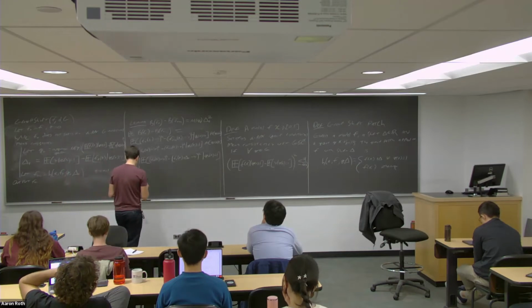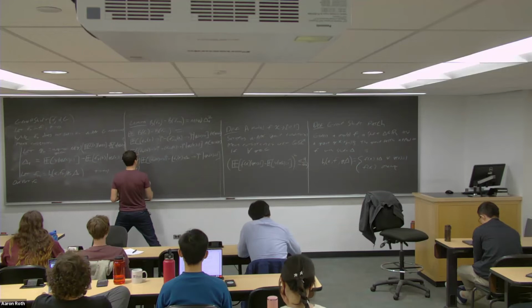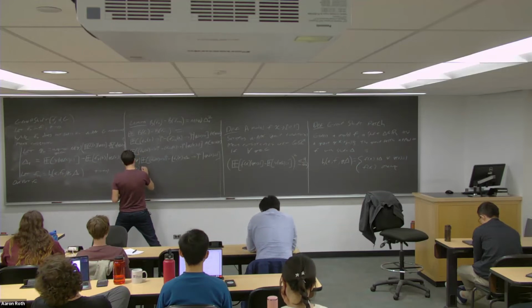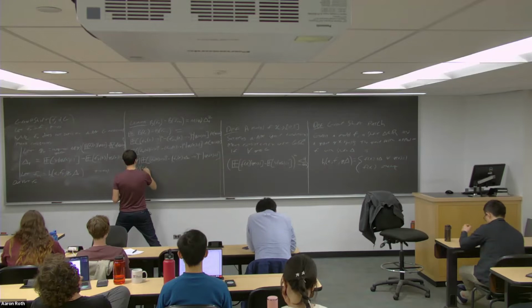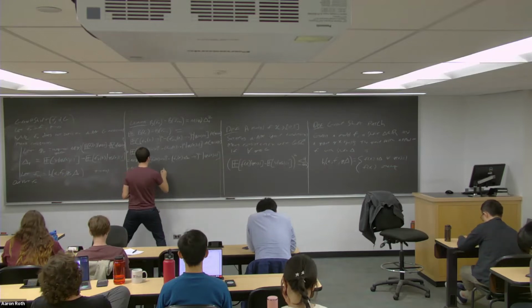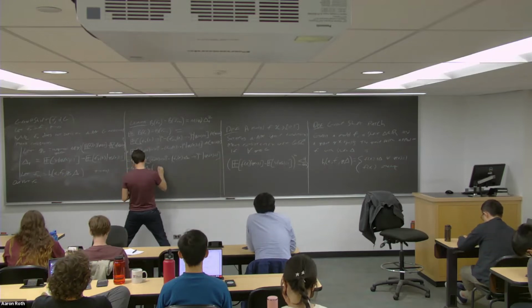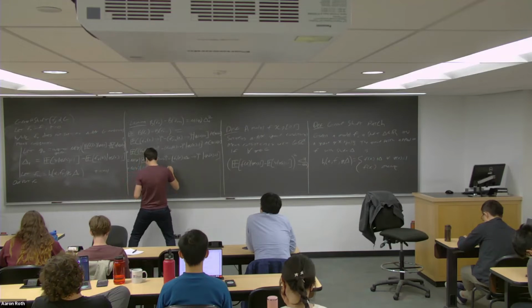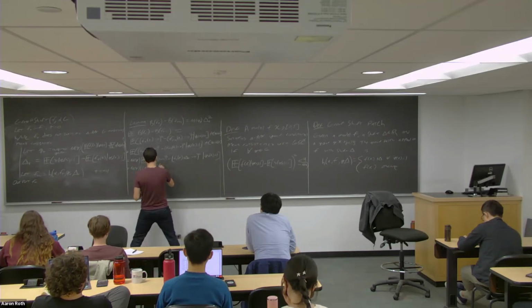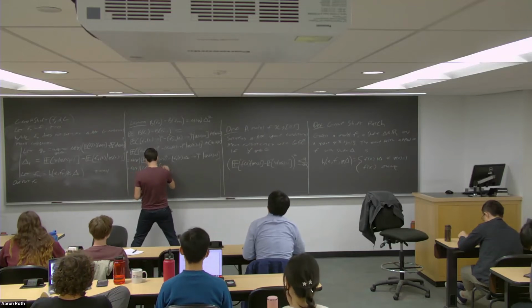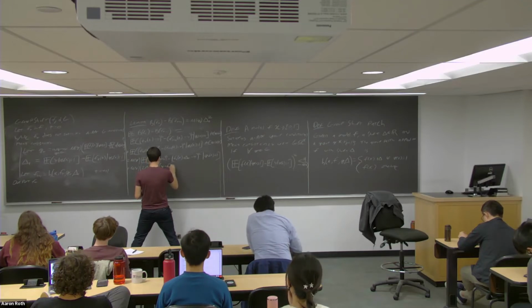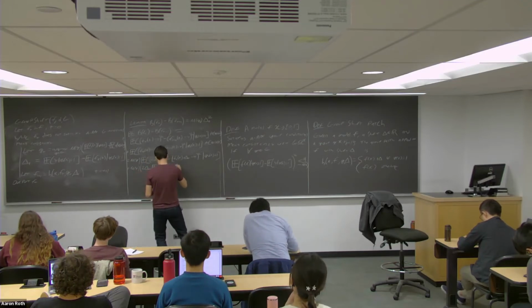What we get is 2 delta_t times the expectation of y minus f_t(x) conditional on being in group G.